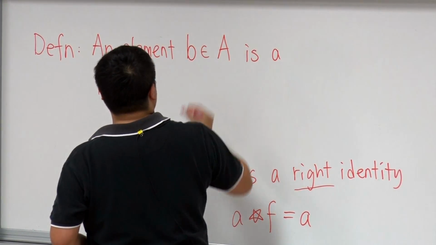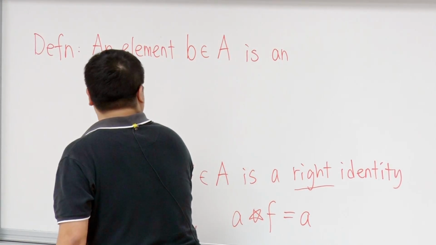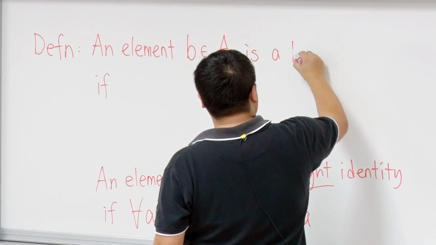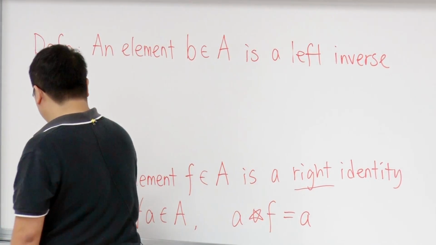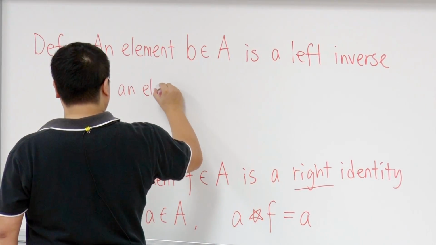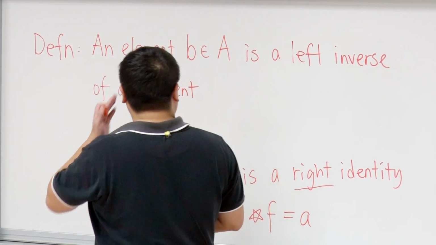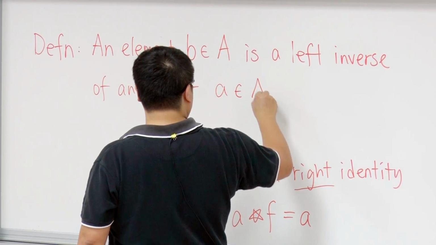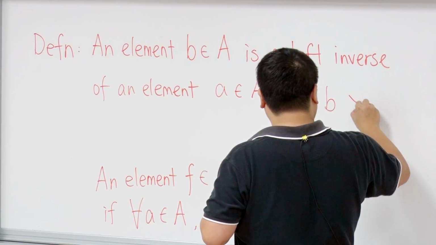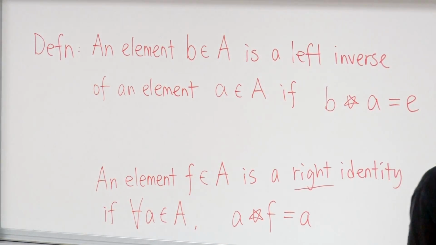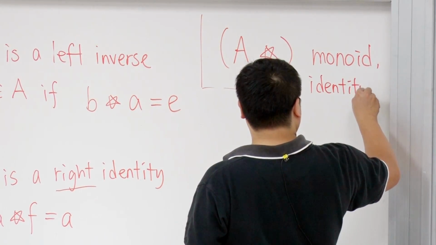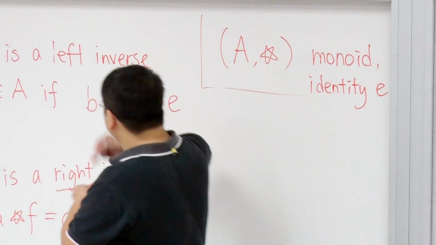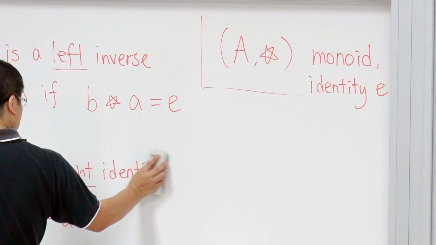We say an element B in A is a left inverse of an element A in A if B star A is equal to E. Here we are assuming that A star is a monoid with identity element E. Then we can define what is called the left inverse, and also the right inverse.